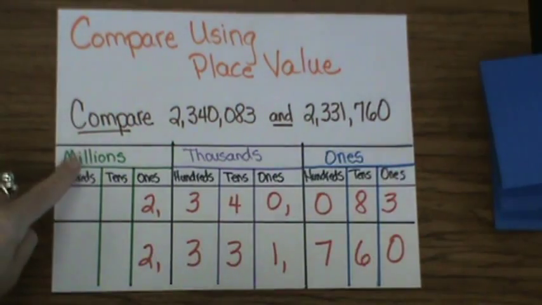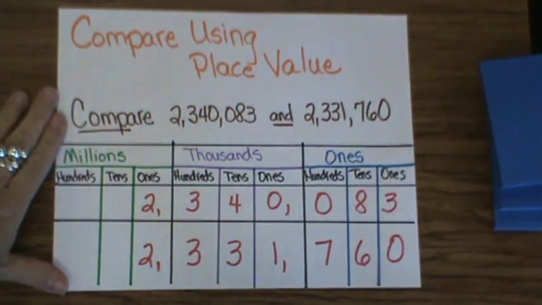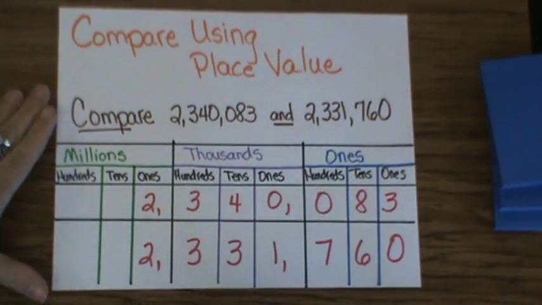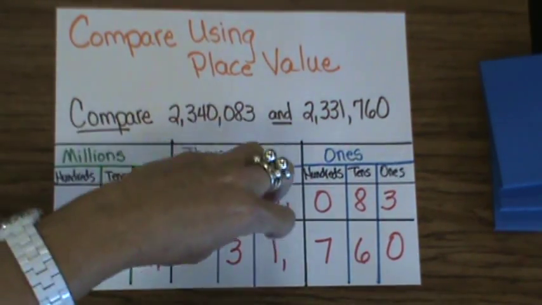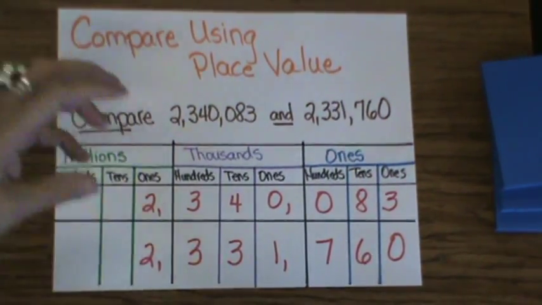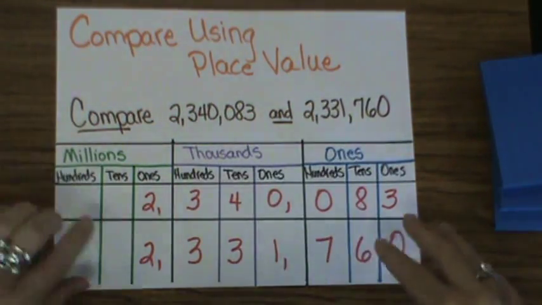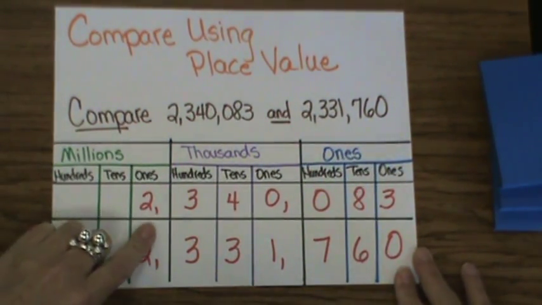So I'm going to put these numbers into a place value chart. So I have my millions, I have my thousands, and I have my ones. Remember we talked about the families a few videos ago. So I have my millions family, my thousands family, and my ones family, or the millions period, the thousands period, and the ones. Then I've written my numbers out into each of the places.